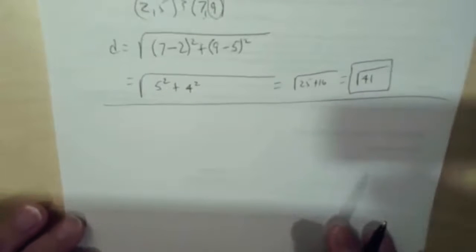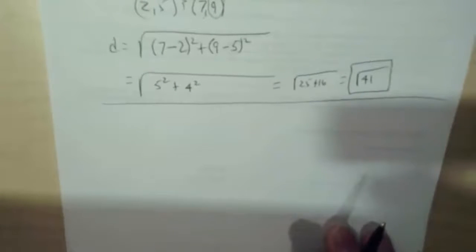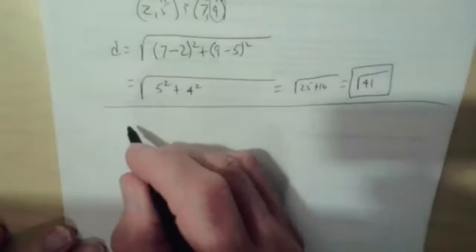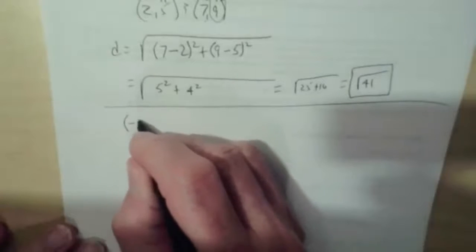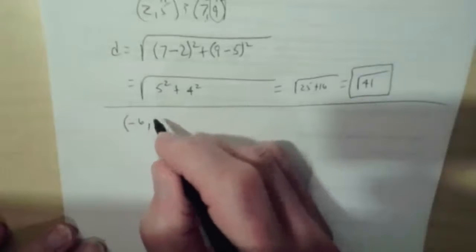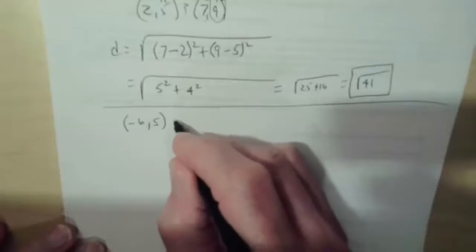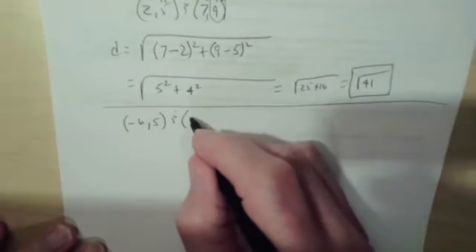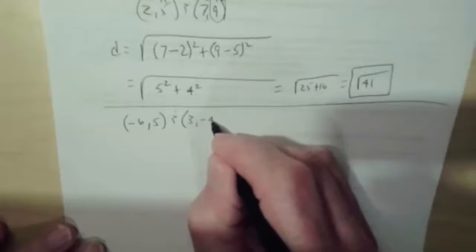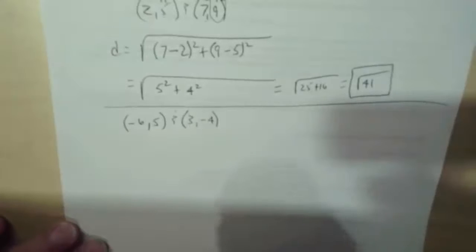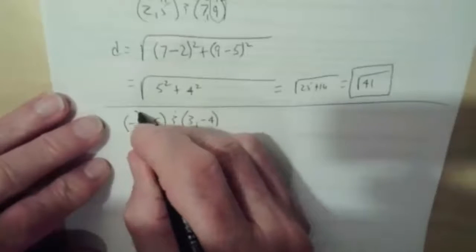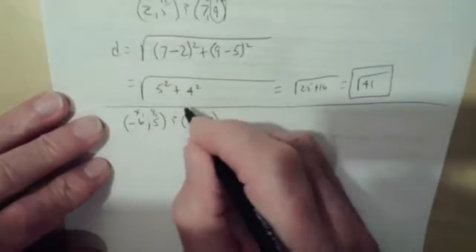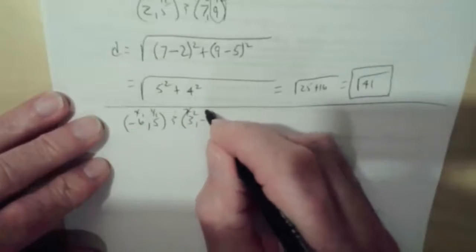Okay, now, about as difficult as these get, excuse me, is if we have some negative numbers. Negative 6, comma 5, and 3, negative 4. Okay? x1, y1. x2, y2.